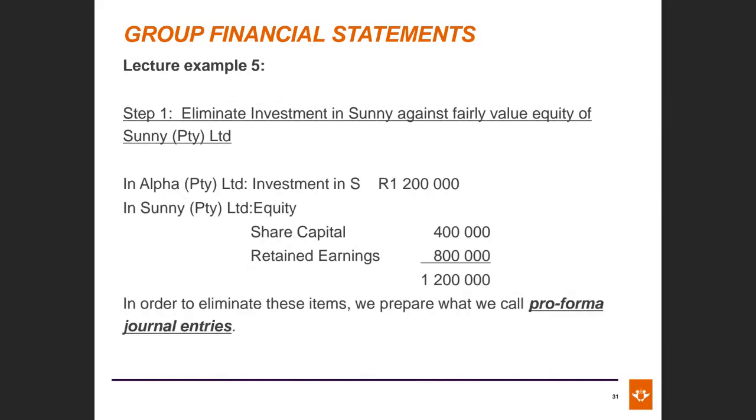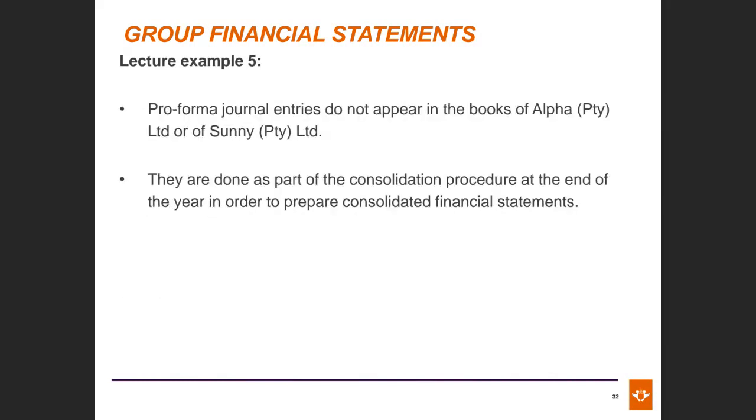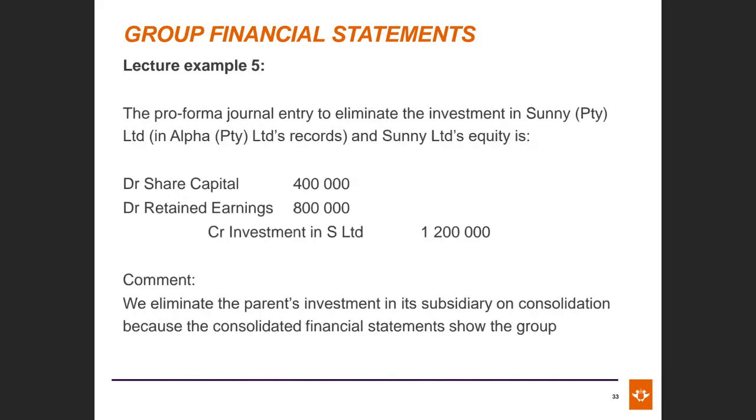Okay, we've had a look at these slides. We had a look at what a pro forma journal entry is. Now, if I ask you what are the pro forma journal entries to eliminate the investment in Sunny and Sunny Limited's equity, usually it'll just say what are the pro forma journal entries.